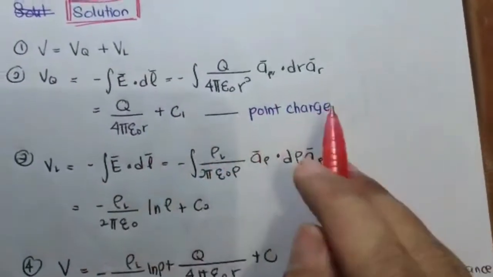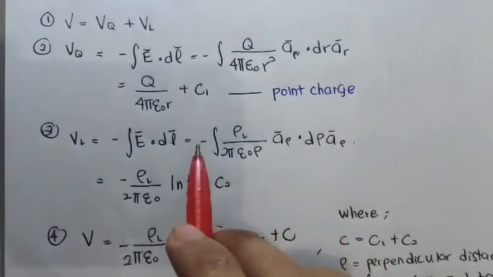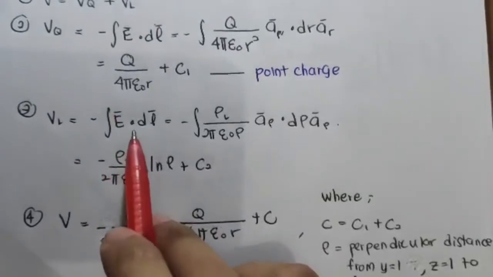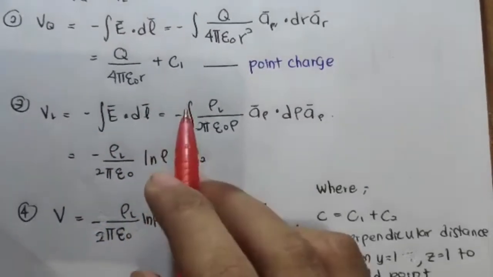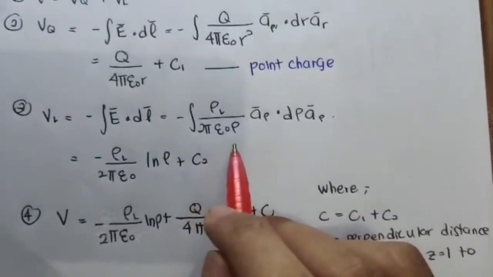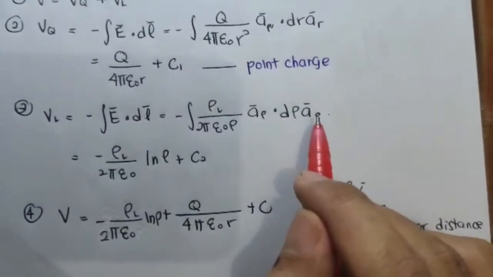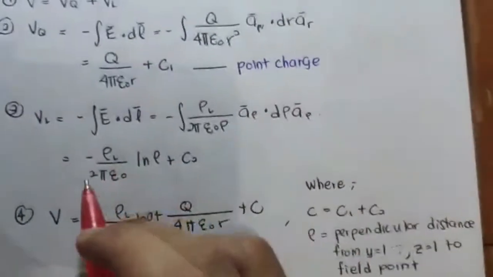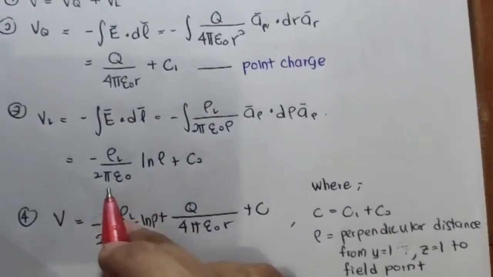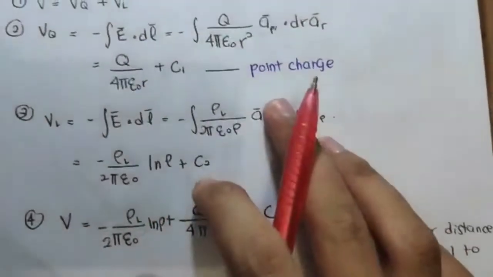This is the point charge. For the infinite line charge VL, negative integral of E dot dl equals negative integral of rho L over 2 pi epsilon naught rho a-rho dot d-rho a-rho, equals negative rho L over 2 pi epsilon naught ln rho plus C2.